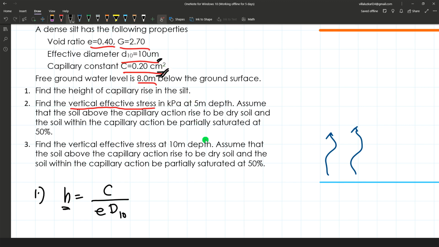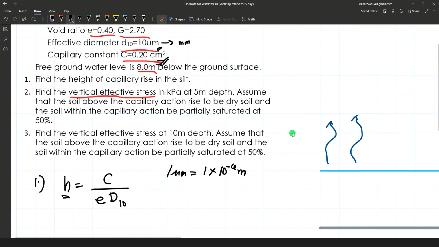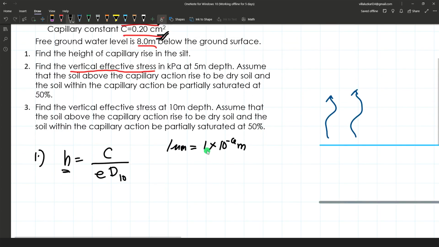Now, what will be the conversion factor for 10 micrometers into centimeters? Let's convert this. 1 micrometer is equivalent to 1 times 10 raised to negative 6 meters. Then 1 meter, we convert it to centimeters, that's 100 centimeters.